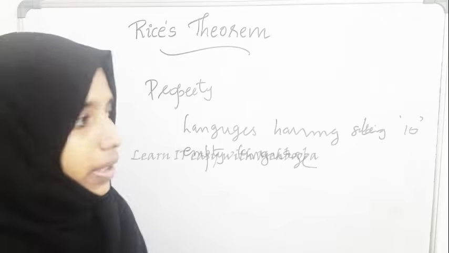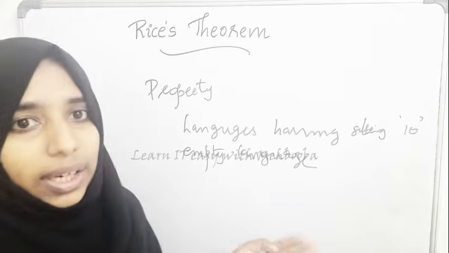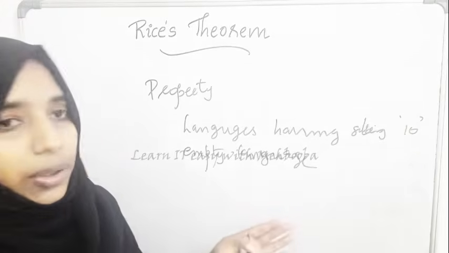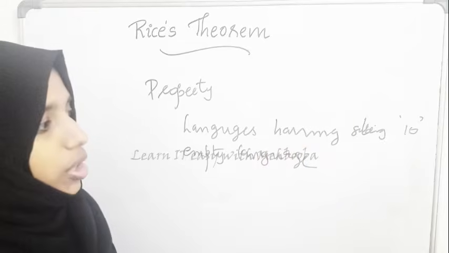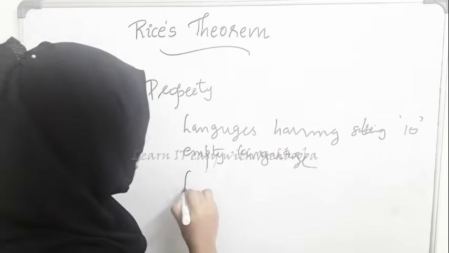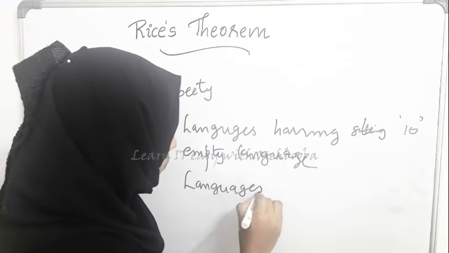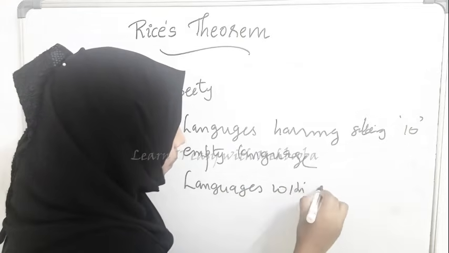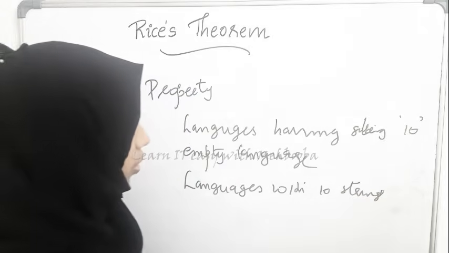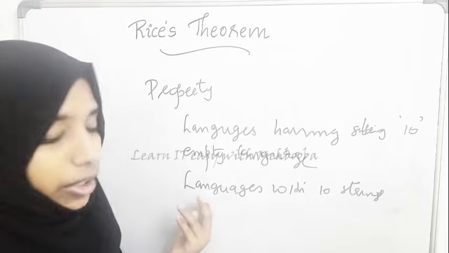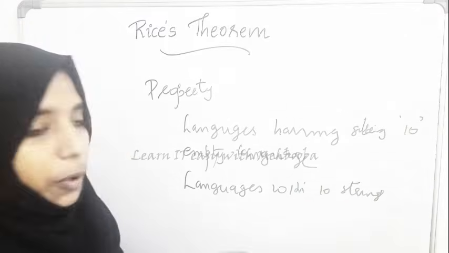Or it can even be the set of languages that a Turing machine can accept or reject. So for example, languages having string 10 or languages with 10 strings, like this. So if some Turing machines have languages with 10 strings, they are said to have this property.